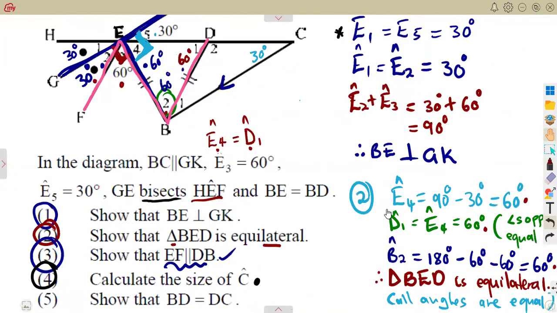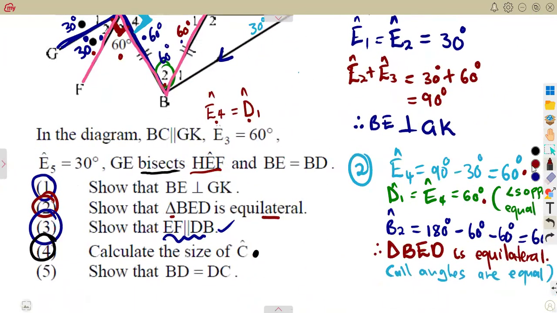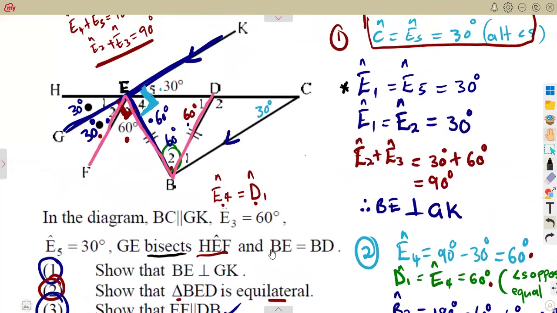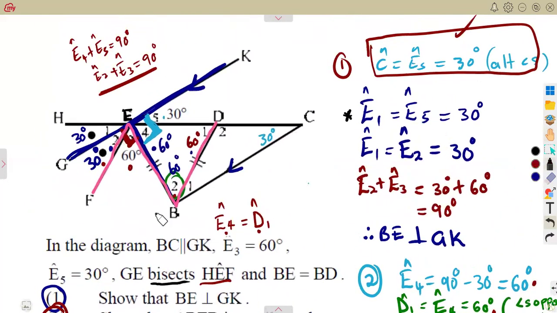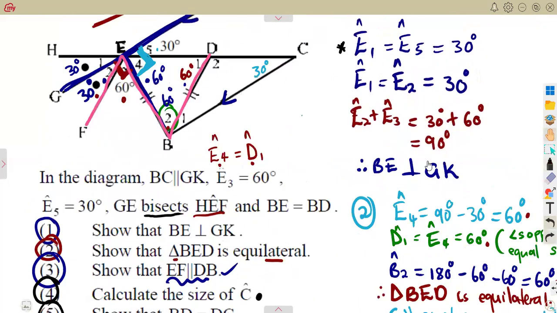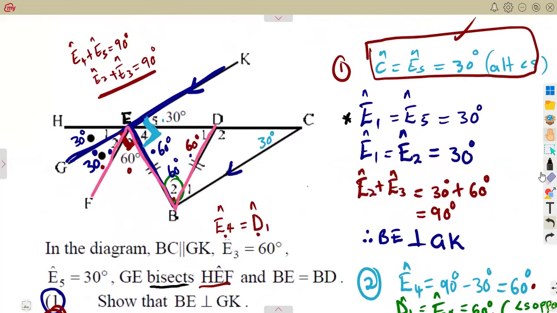Then after that, we need to show on number 5 that BD is equal to DC. We need to show that BD, from B to D, and DC, this one, are equal. As long as you are to prove that two sides are equal, it's all about the angles that you must work with.